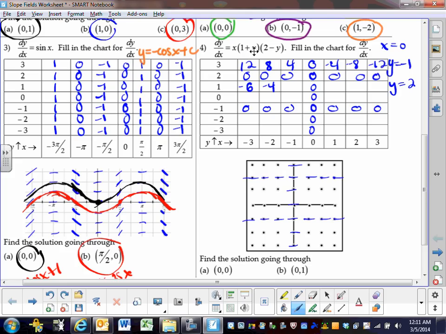Then negative 1 times 2 times 1 is negative 2. And 1 times 2 times 1 is 2. So notice that we get the pattern again of reflecting across. So if the y value is 0, we're going to get 2 times 1 times the x value. So 2 times x.